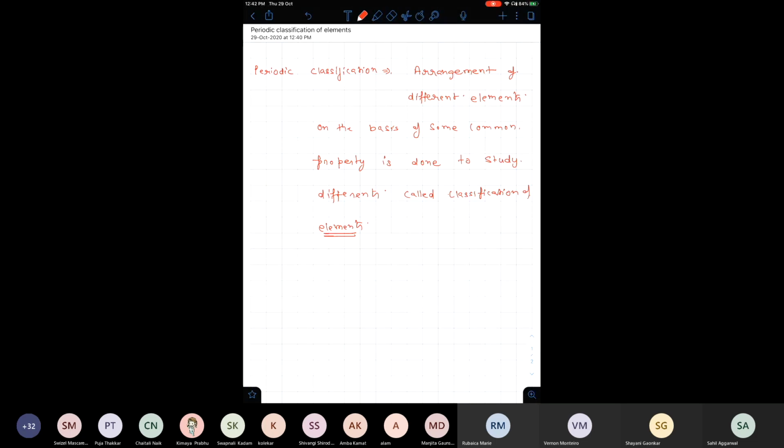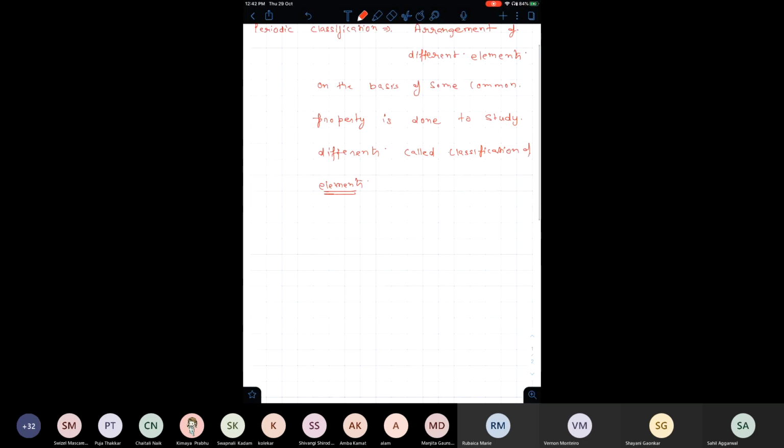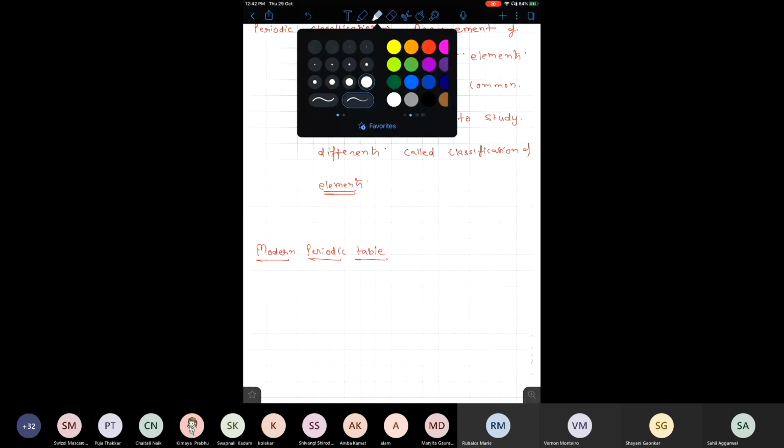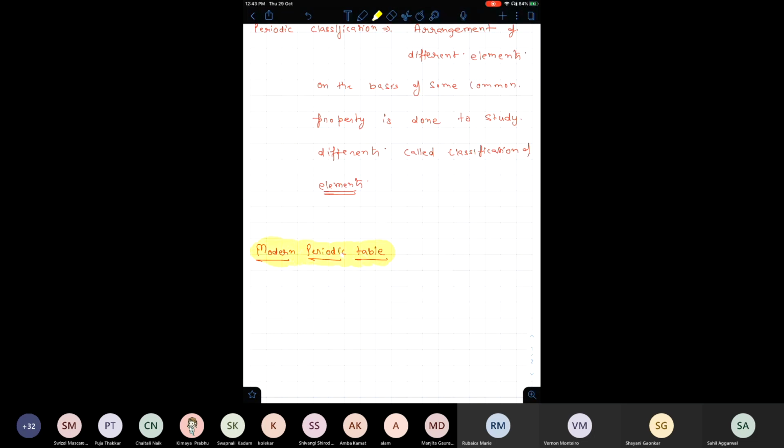We have to read only the modern periodic table. Do all of us have the modern periodic table as of now?